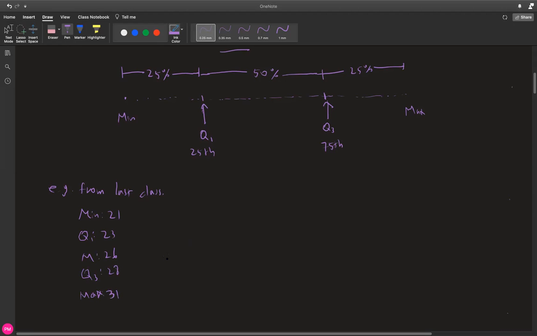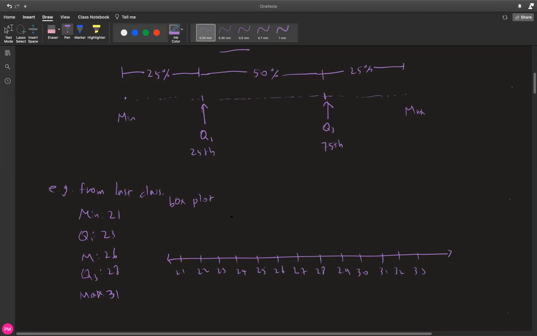And here we drew the box plot. Let's actually do that again. So we had 21, 22, 23, 24, 25, 26, 27, 28, 29, 30, 31, 32, let's say 33, just so I can fill out the rest of the number line. And the box plot was as such.